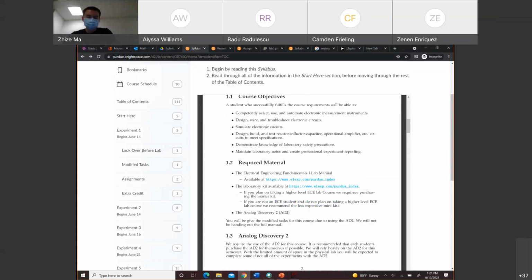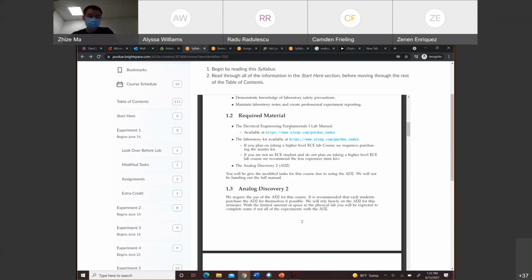And 1.2 required material. You should already have received an email about the required material. You should have a lab kit. If you plan to take further ECE classes, you should buy the master kit.